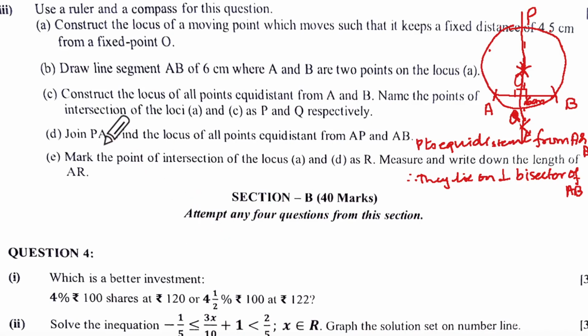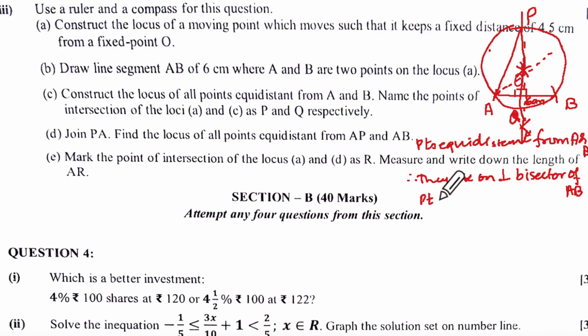Join PA, find the locus of all points equidistant from AP and AB. So we join PA, means you have to join this way, and locus of all points equidistant from AP and AB. AP and AB means it's going to be this way. So what you'll write?